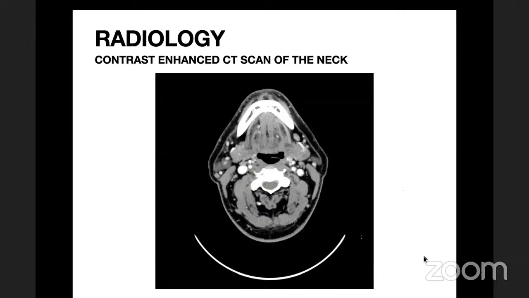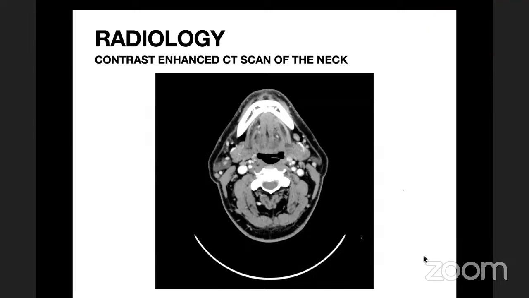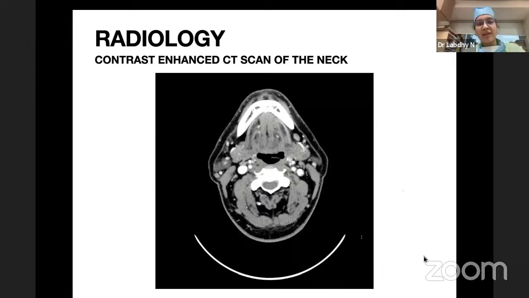I think you may have to read on that point. Criteria for organ preservation surgeries include limited disease, T1, T2, or select T3 patients with functional cricoarytenoid unit and no subglottic extension, no involvement of the hyoid, and no exolaryngeal spread.